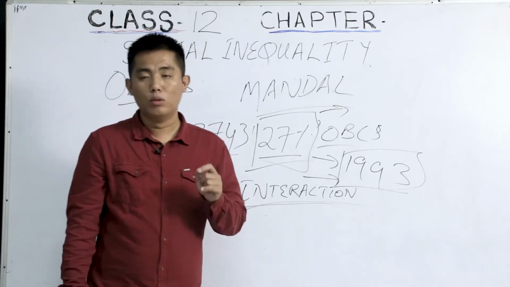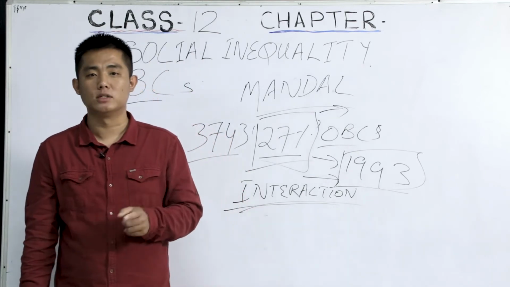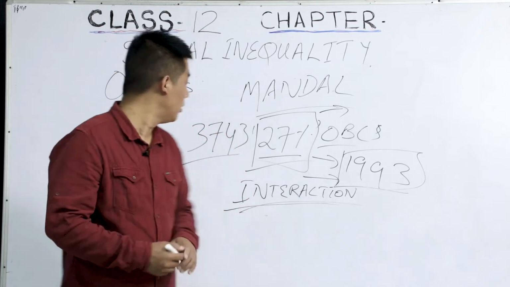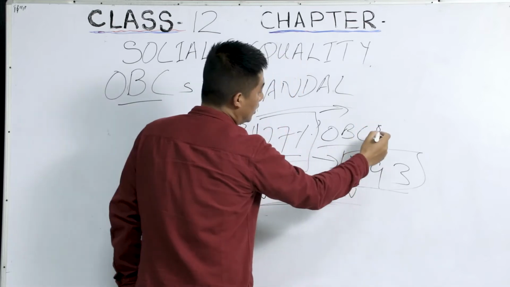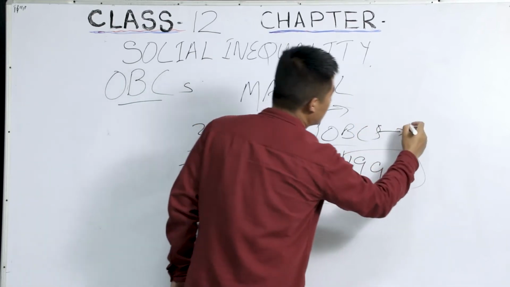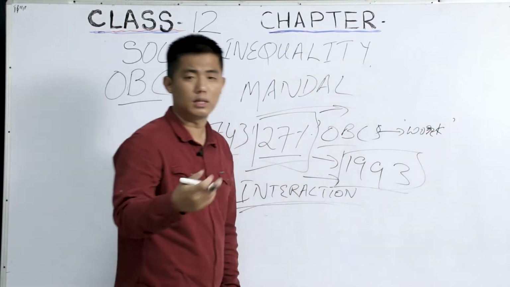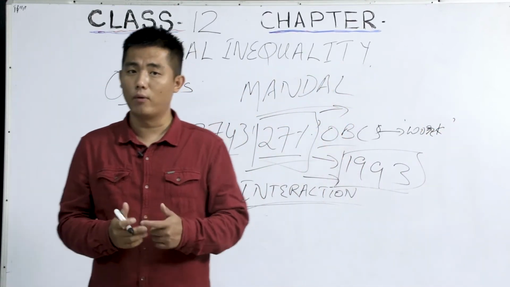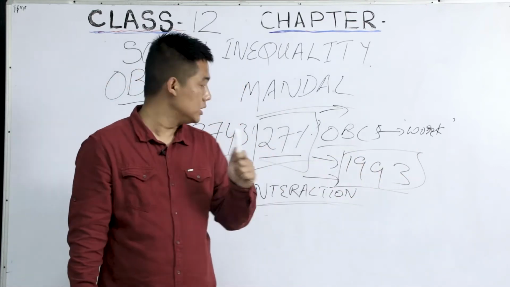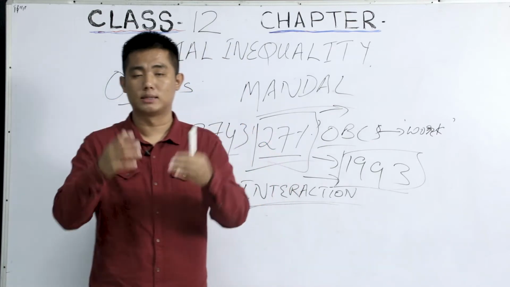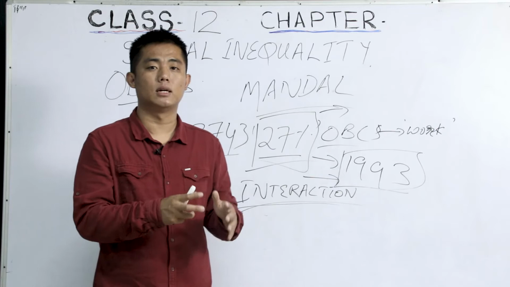The next is no exchange of invitation. So what does it mean here? Most of the OBCs would go and work for the upper caste. That was one thing which they usually did. They would be there for the ceremonies and all those functions.